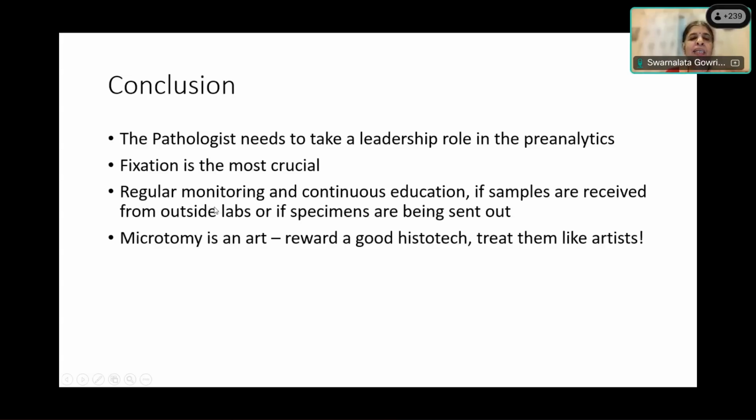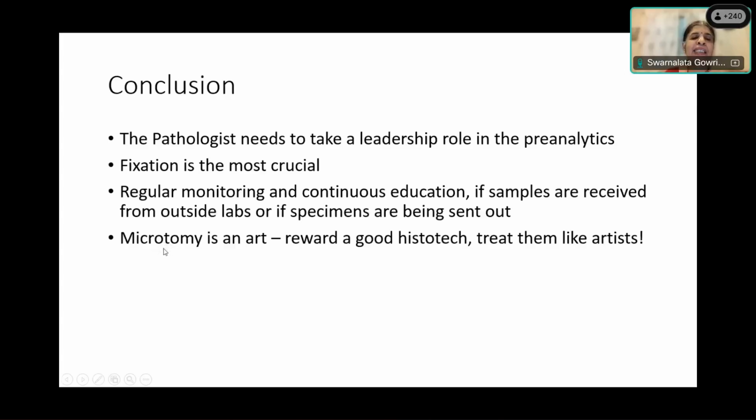Regular monitoring and continuous education are very important, especially if you're getting samples from outside, or if you are sending your specimens out. You need to keep a check on the lab which is doing your test, and you need to constantly tell your surgeons and the other people who are sending from the OT that the fixation should be adequate, that you should be supplying formalin, that the pH should be maintained, and so on.